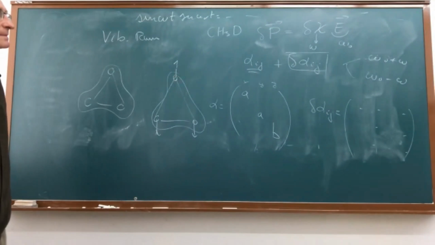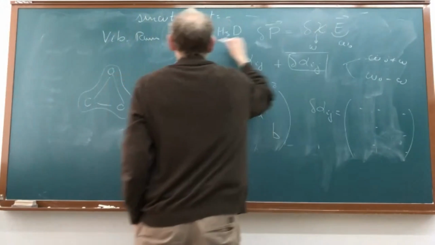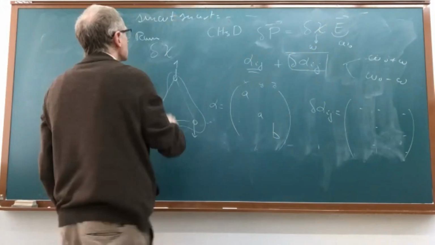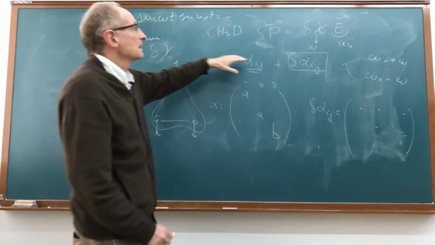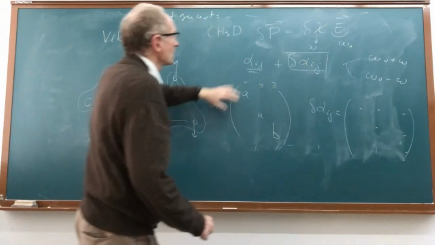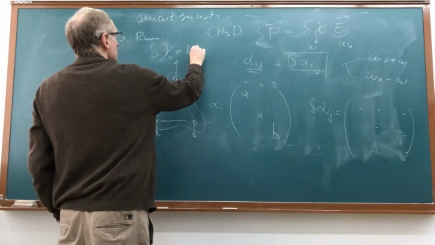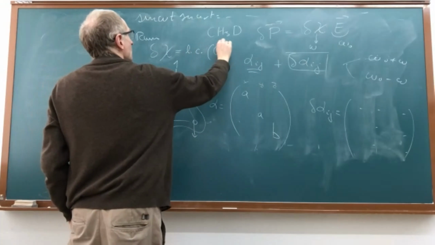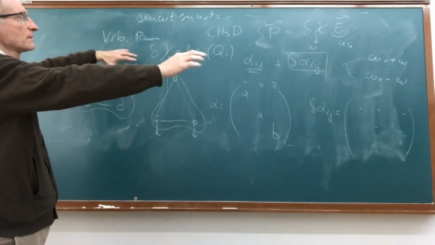So it's the same story again, but in this case, it's just that this delta chi is different from 0 when the molecule is vibrating. So in general, the first order is a linear combination of the normal coordinates. Remember that the normal coordinates characterize the vibration of the molecule.